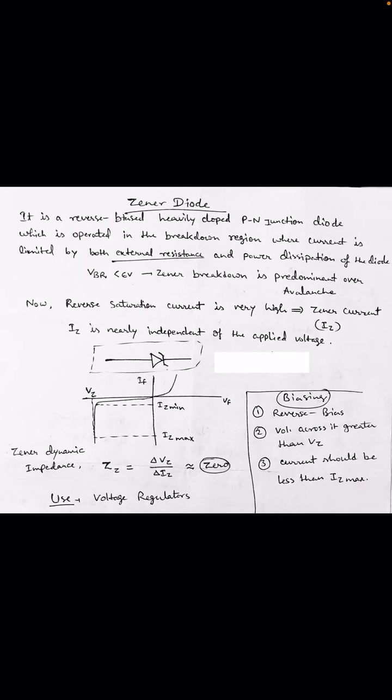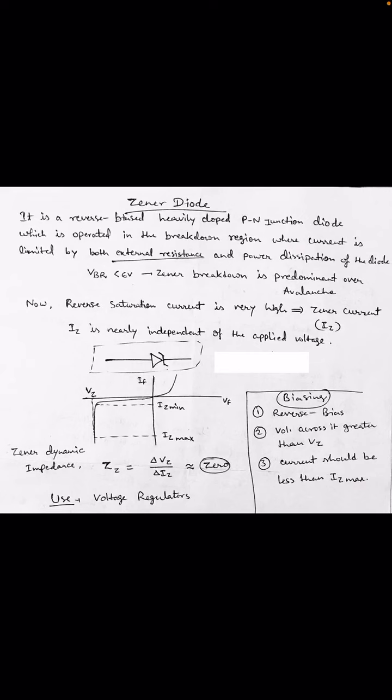So a Zener diode is a reverse biased PN junction diode, and the condition is it should be heavily doped. So first thing is that it should be reverse biased, and second thing is that it should be heavily doped.